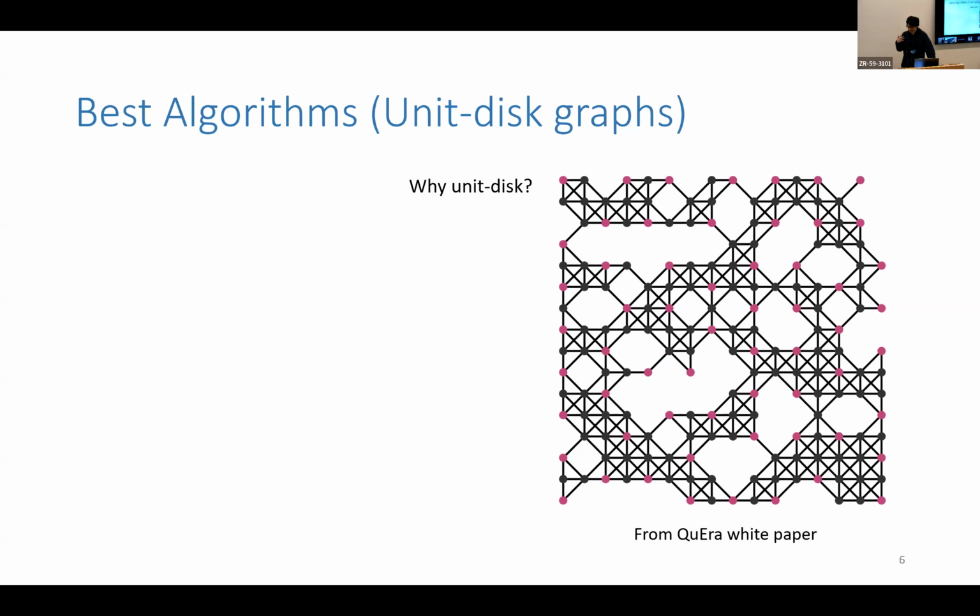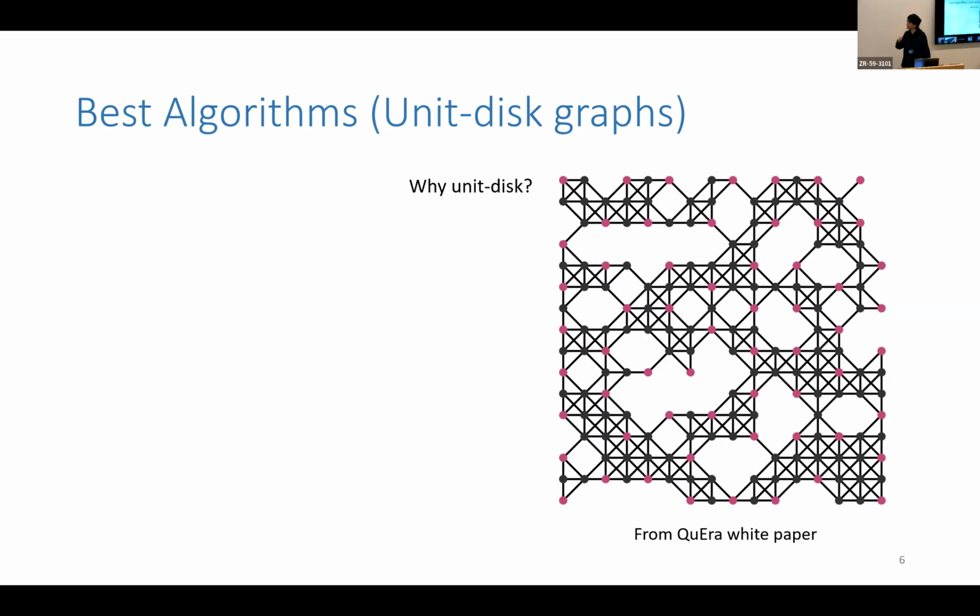The previous slide talked about the MIS problem in a general setting, but here we come down to a specific subclass of general graphs, called unit disk graphs. Why should we study it? Because physical interactions are geometrically local, which means that implementing an edge that connects two very distant vertices is generally very hard in physical systems.